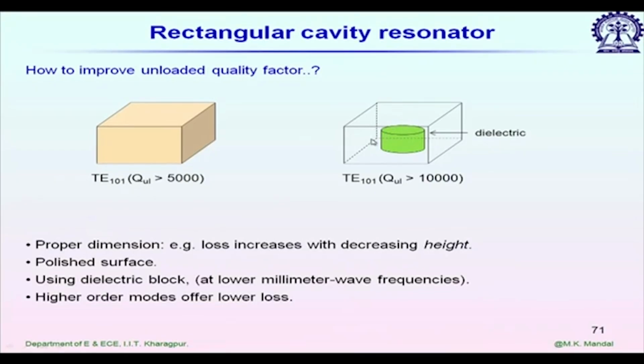This is how we can decrease conductor loss further. Not only that, due to the dielectric, the dimension of this rectangular cavity becomes smaller compared to the original one. The actual dimension of a resonating cavity you can calculate by using an electromagnetic solver or full wave simulator.